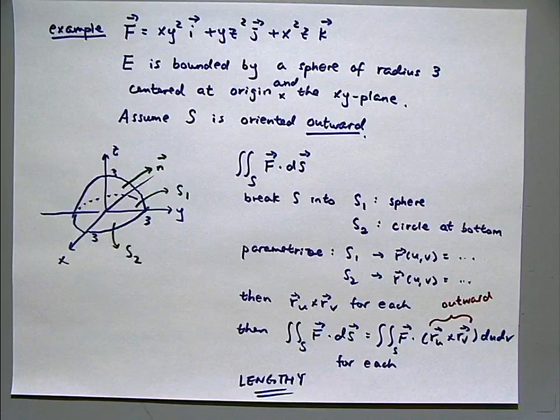Okay, so let's first calculate the divergence. The vector field we're looking at is xy squared, yz squared, x squared z.